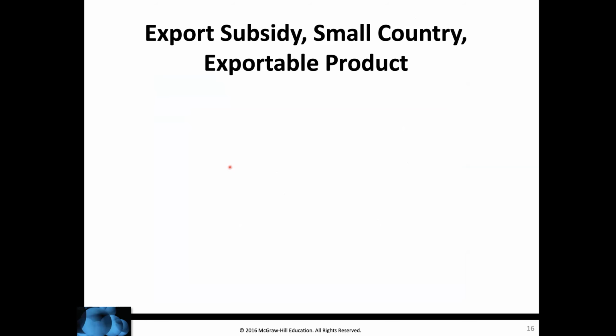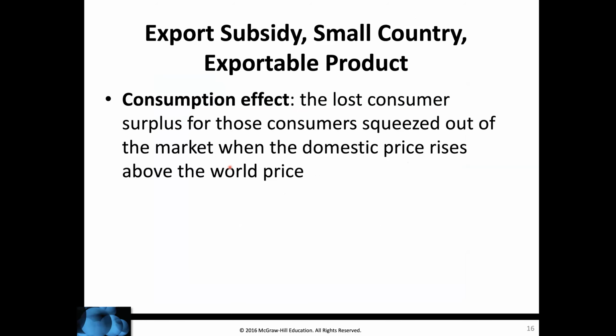Looking at this a little bit more deeply, the consumption effect is the lost consumer surplus for those consumers squeezed out of the market when the domestic price rises above the world price. So when it went from 100 to 120, it rose above the world price, and some consumers were squeezed out.